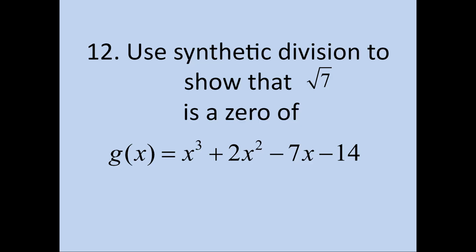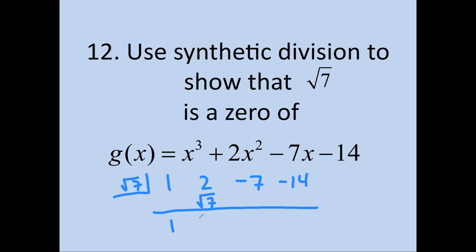So use synthetic division to show that root 7 is a 0. So I'm going to use root 7 in my box. I'm going to have a 1, a 2, a negative 7, a negative 14. Bring down my 1. 1 times root 7 is root 7. So that's going to give me 2 plus root 7. Now I'm just going to do some math over on the side here.